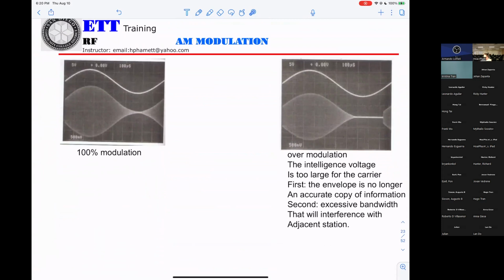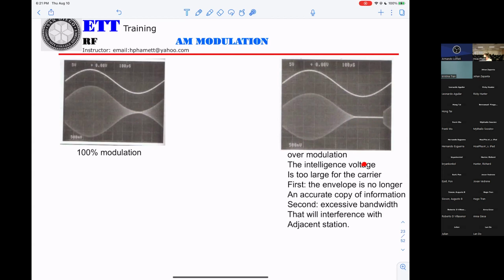Okay, now this is the signal. Okay, and they said 100% modulation, and this is over modulation. Now, if you look and compare between this and that one, you can see that one here is going up, but that one is different. You can see here. That's what they call over modulation.